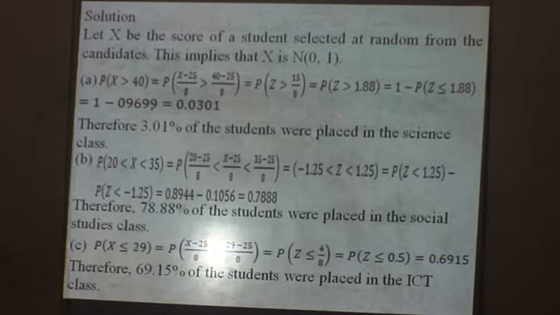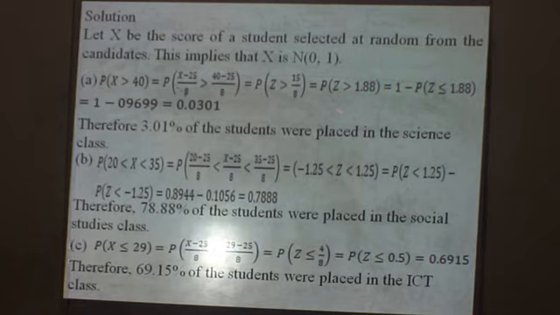And by so doing, we had the standard deviation to be 8, hence the denominator being 8. So we will end up getting the probability of z greater than 15 divided by 8, which will be the probability of z greater than 1.88.